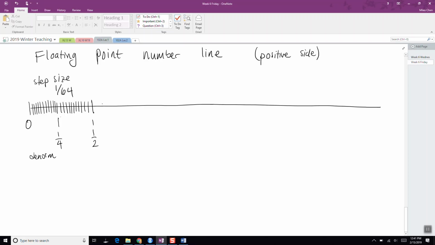Once we get to 1/2, our step sizes are a little bit bigger until we get to around 1.